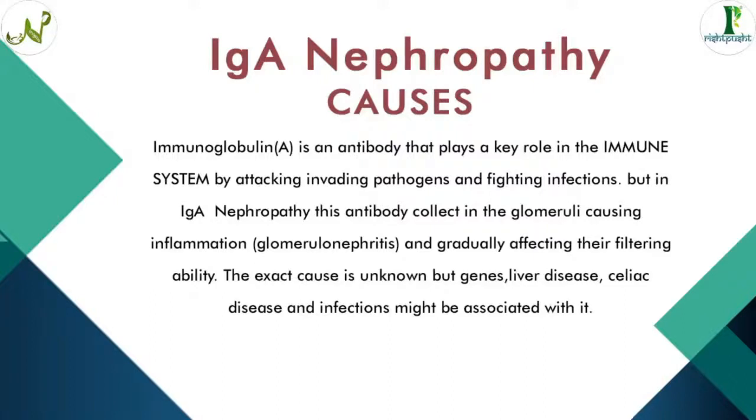But when immunoglobulin A suddenly collects in the glomeruli, which are the functional units of the kidney, it causes inflammation, also known as glomerulonephritis, and gradually it affects their filtering ability.